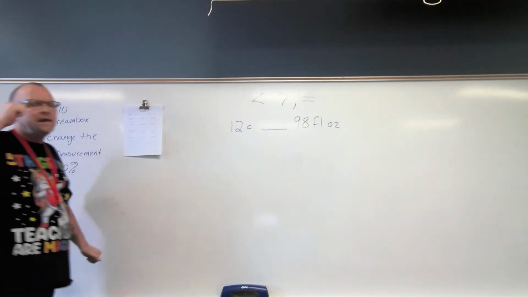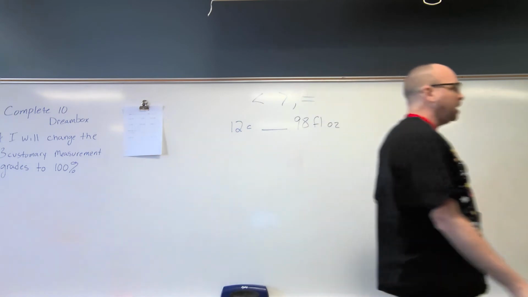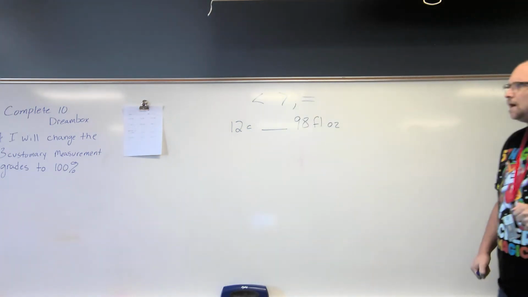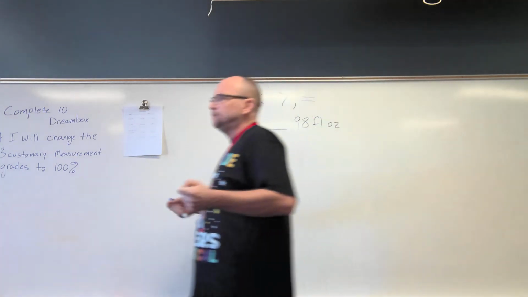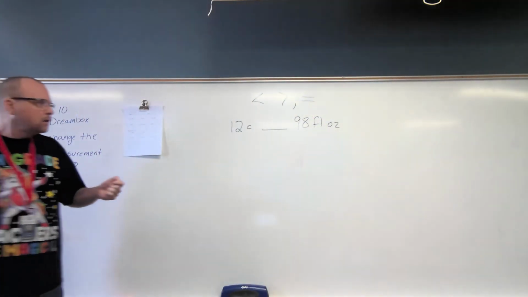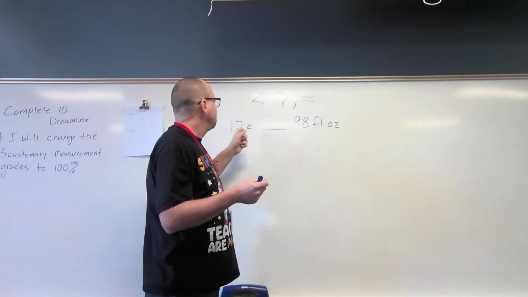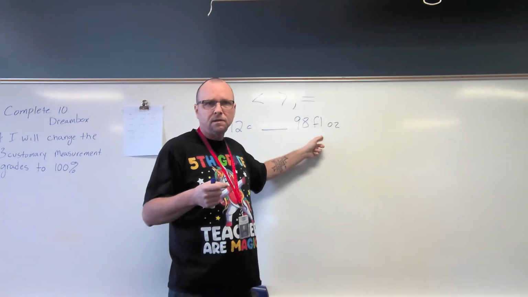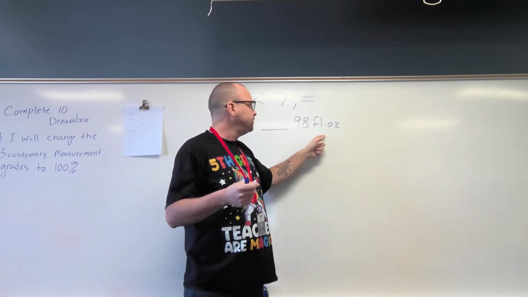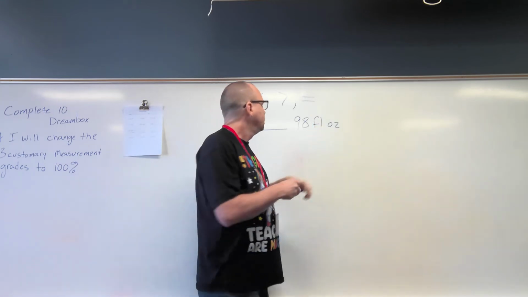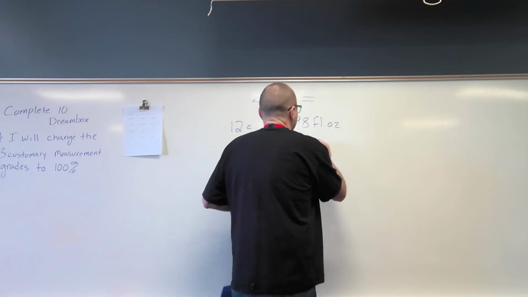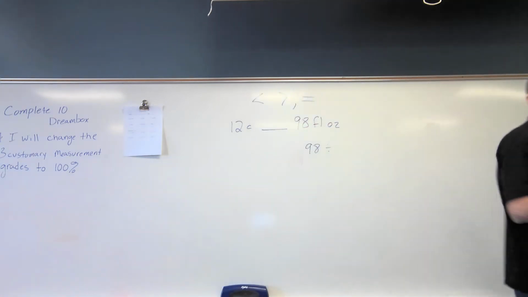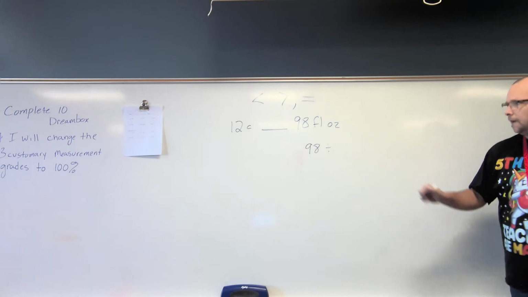Now, Kaylee, do you like to multiply better or divide better? Divide better. So we're going to change the ounces to cups. She likes to divide more than multiply. So we're going to divide 98 by, Kaylee, how many ounces are in one cup? 8.